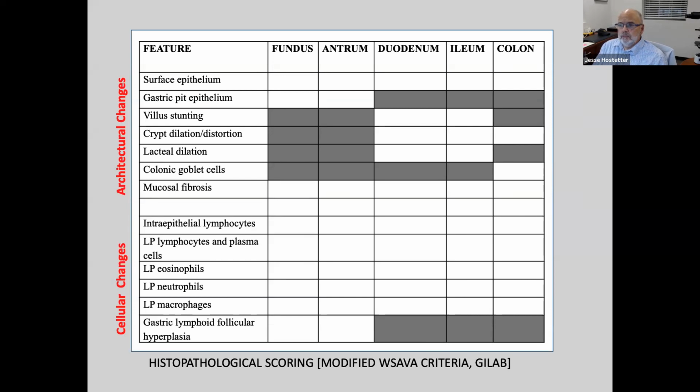So each of these parameters we score, and I've got some examples of that I'll show you in just a little bit. And that's what goes back to the clinician, in addition to a description, morphologic diagnosis, and images. So I find it useful whether you use it or you just keep it in your mind to help you systematically evaluate the sections.